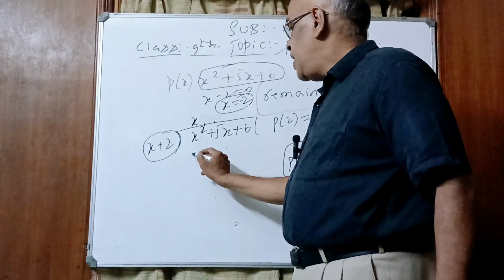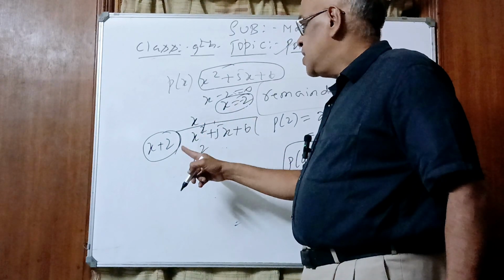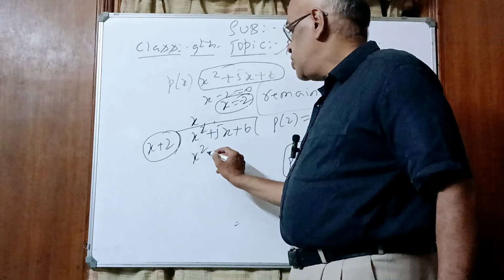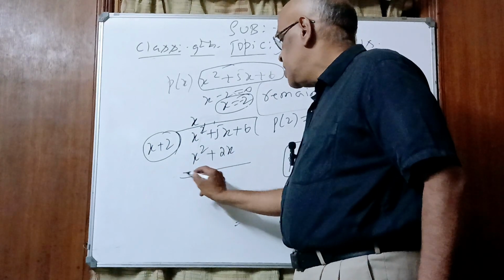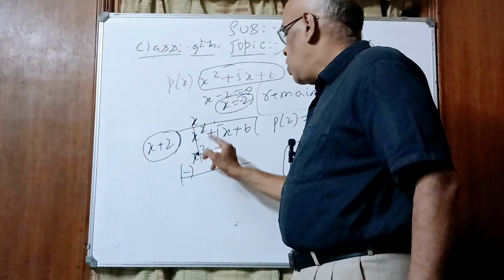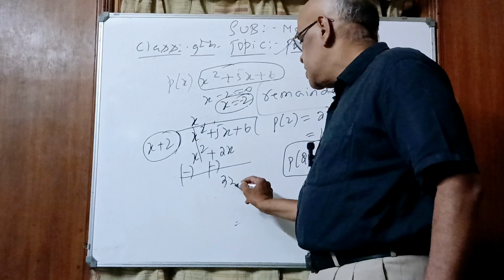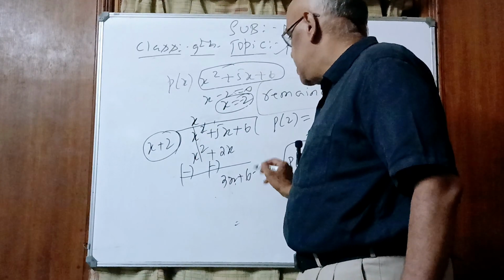Again multiply by x into x square, minus x into x square, x into 2, 2x. Subtract. You go on eliminating terms one by one. This becomes 3x plus 6.